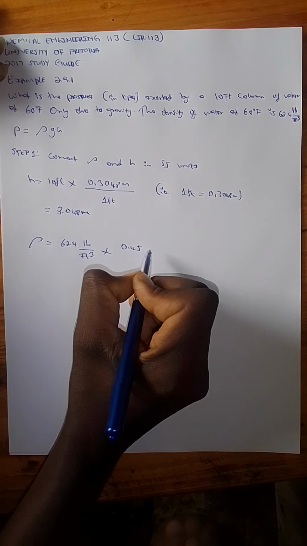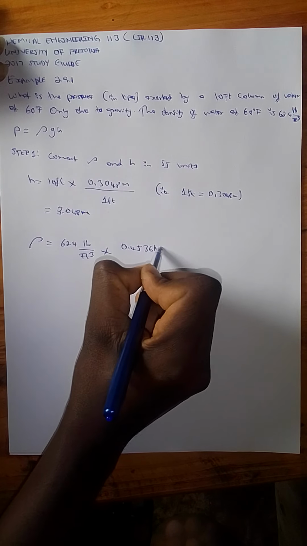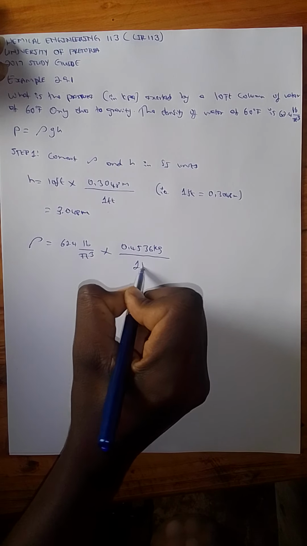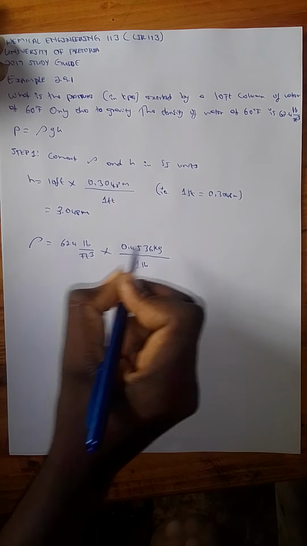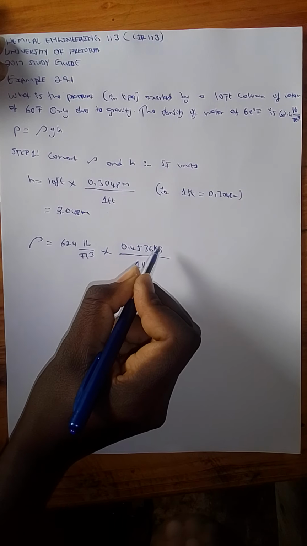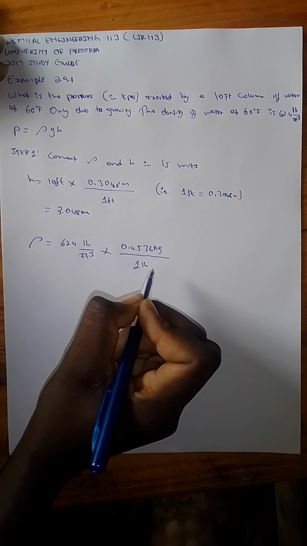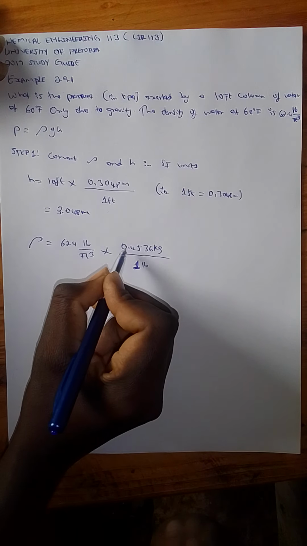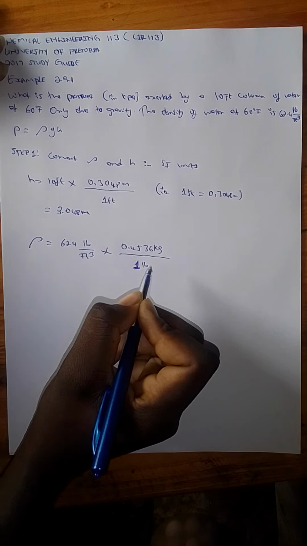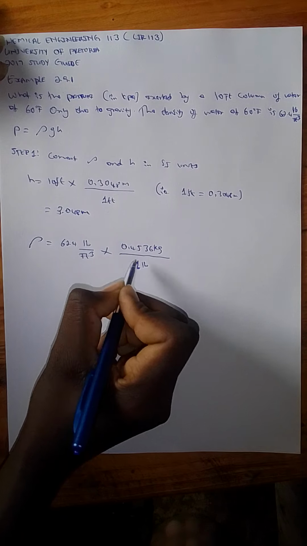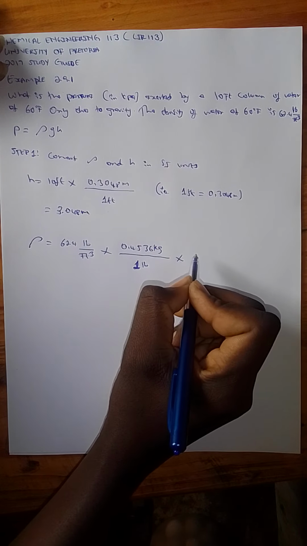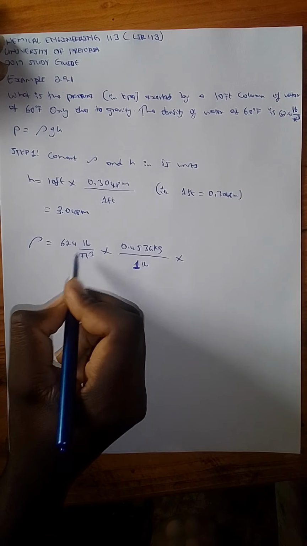Now we're converting the pound into kilograms. Like I said, we are converting the units into SI units, and this is the ratio of the pound and the kilogram. Then we move further to convert the feet cubed.